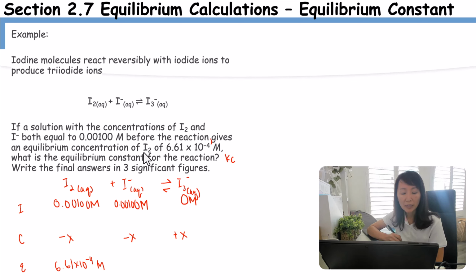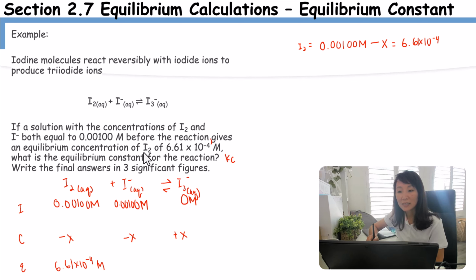Okay, so let's solve for X. We know that for iodine, there were 0.00100 molarity. After some change has occurred, which is minus X, it has formed into 6.61 times 10 to the negative 4, right?